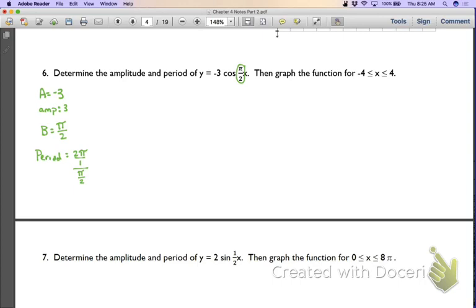I'm just going to go outside, inside, so I have 4 pi over pi. So my period is a length of 4. Surprisingly enough, y it is here.